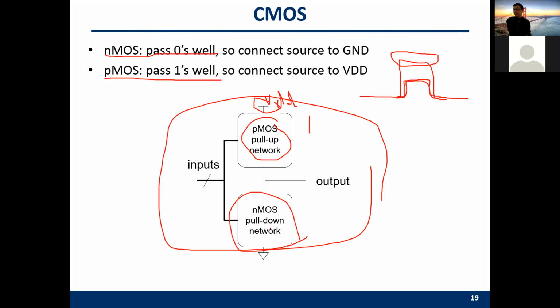That's the reason why we set all NMOS in the pull-down network connected to ground, which is 0. And then you can have some input here. These are the outputs. I will give you more examples about the pull-down network and pull-up network.